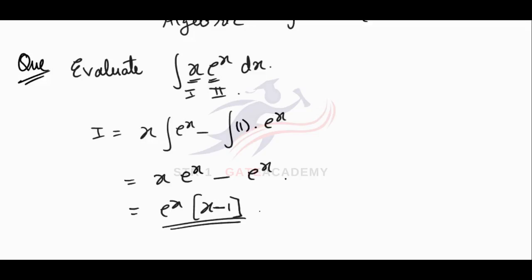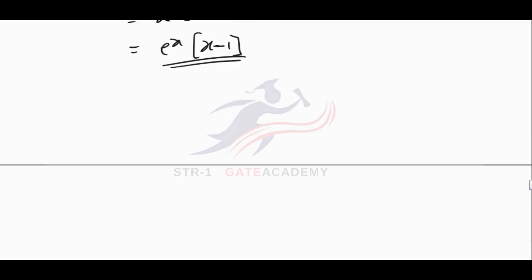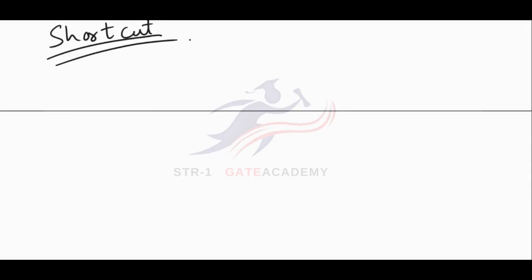That's your answer, right? Now for these types of function, let me give you a small shortcut here. What is the shortcut? Let us understand. You have integration of x e raised to x. Directly what you write is e raised to x into this function x minus derivative of x, which is 1.